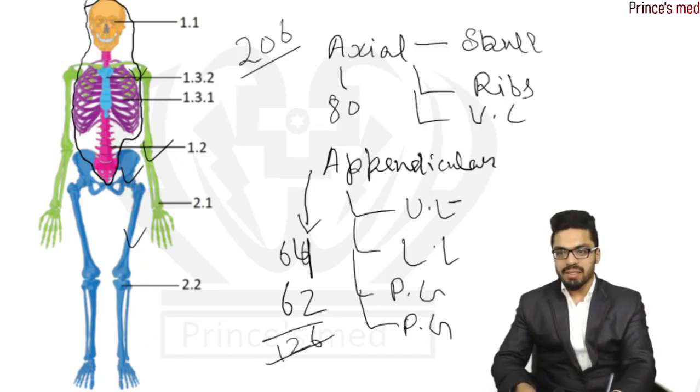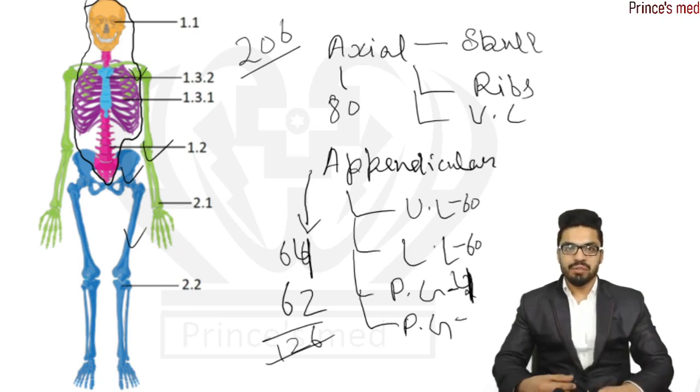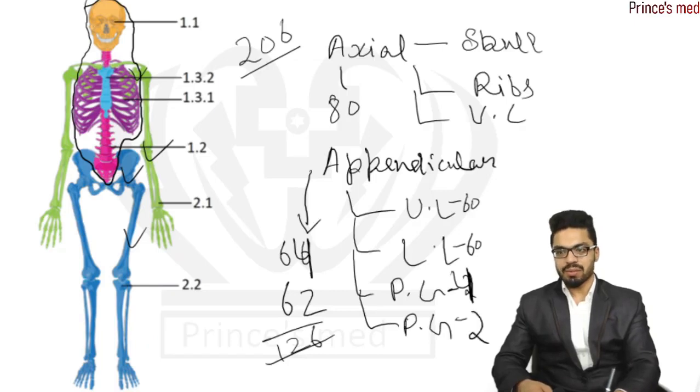Means upper limb has 60 bones, lower limb has 60 bones. The pectoral girdle consists of 4 bones, that is our sternum and clavicle, and the pelvic girdle consists of 2 bones.